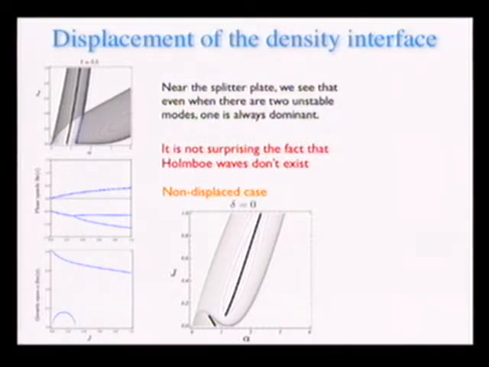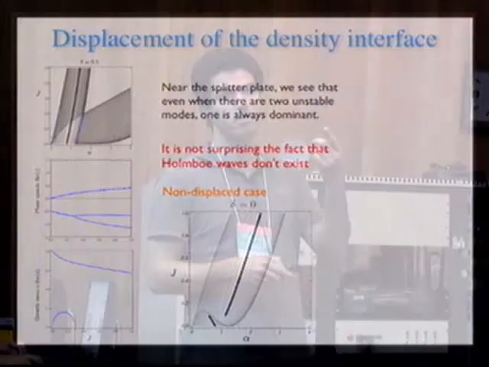One thing that you immediately realize is that in this case, in the white region, you have four complex solutions, which means two unstable modes. But look at the growth rates. This one is a lot weaker than that one. So if they are not comparable, only one will manifest. You will see only one.